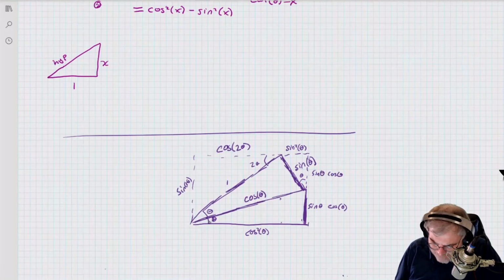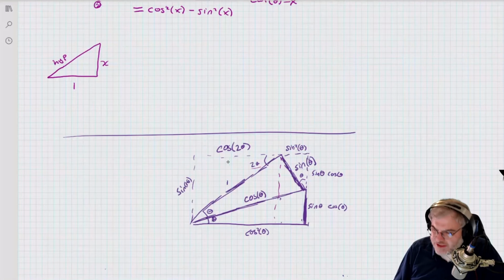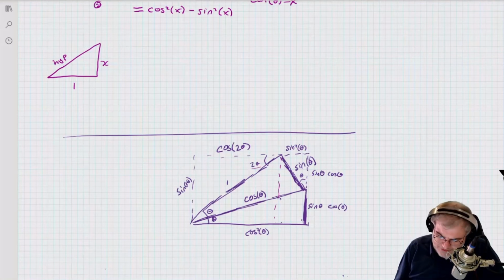So if I have here theta, theta, I have these 2 weird little triangle things. That means that this angle right here is twice theta, right? Because this triangle here and this triangle here form opposites. So if I flip the image around, the adjacent to this angle is this side, the opposite to this side is this side.